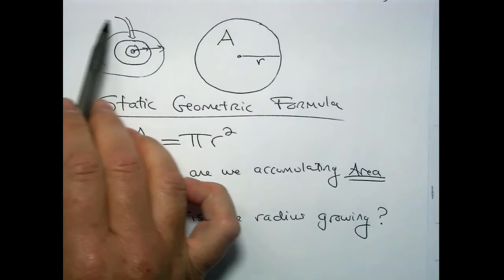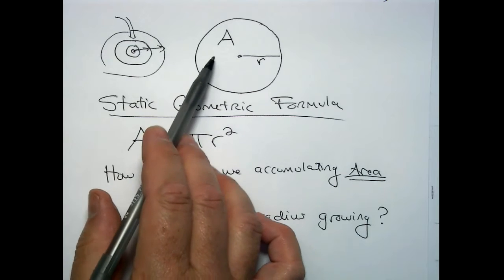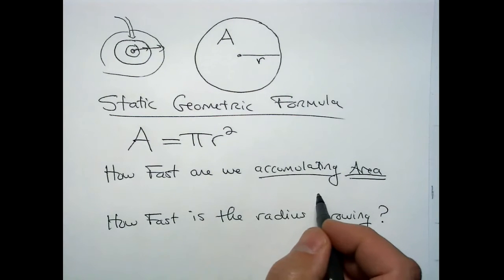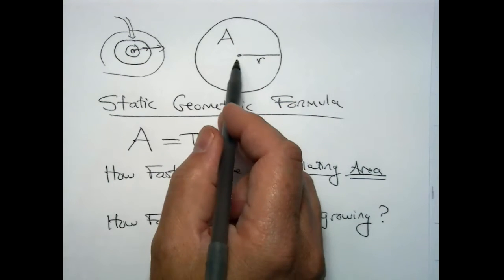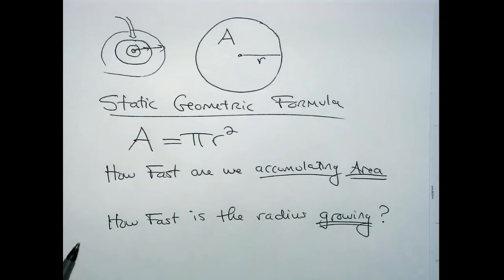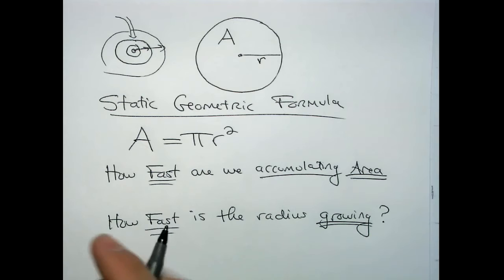Now, for a problem like this where you're pouring some oil on the surface of the water, I can say that we're accumulating area. We're not reducing area. We're getting more area. I can also say that the radius is growing. It's not shrinking, but it could shrink, and that would be a different problem. So how fast? These are rates of change.